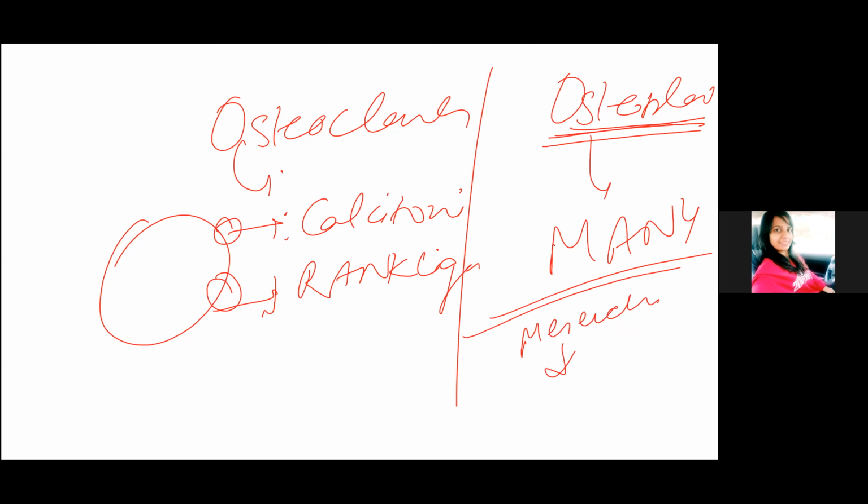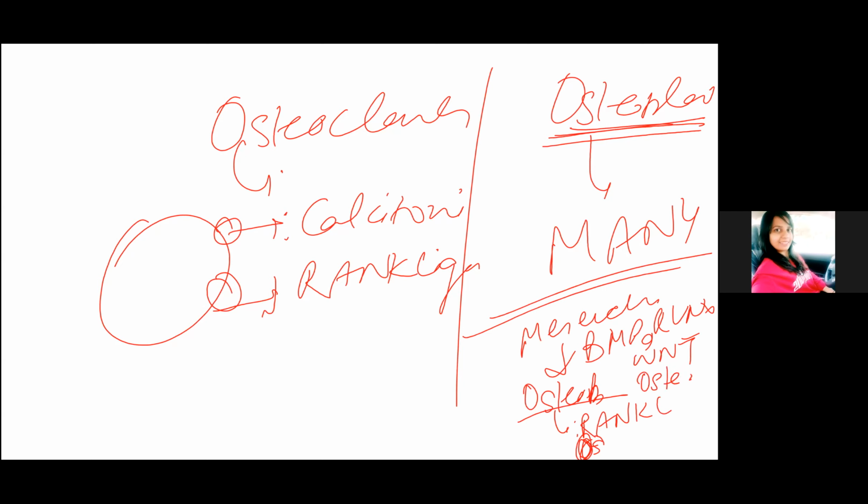Who helps? BMP, RUNX2, and WNT. Osteoblast releases what? RANK ligand and osteoprotegerin.